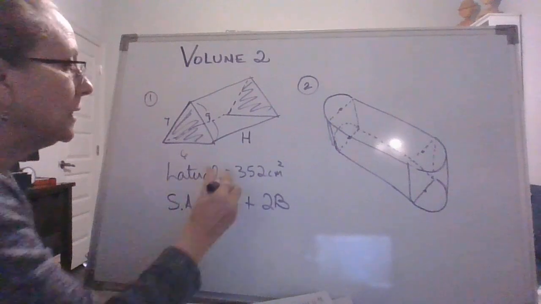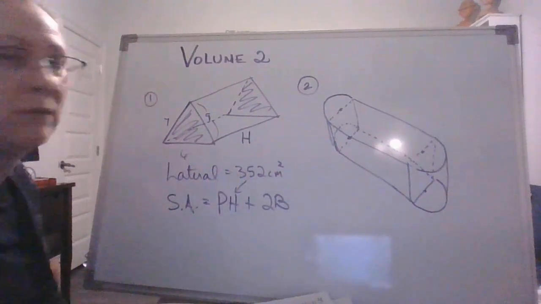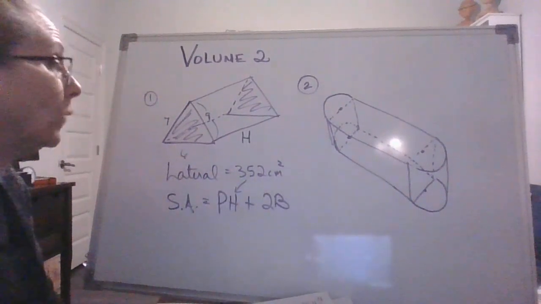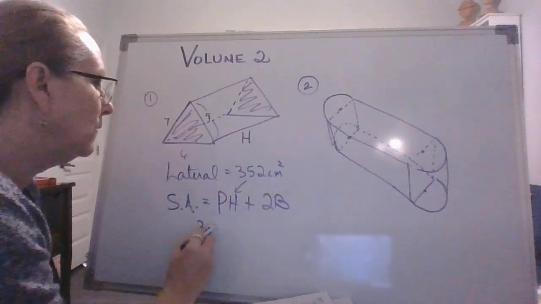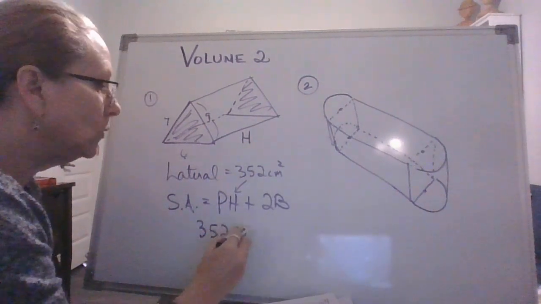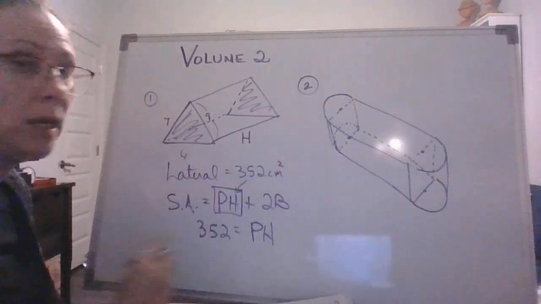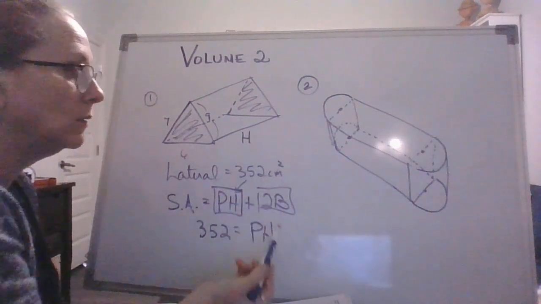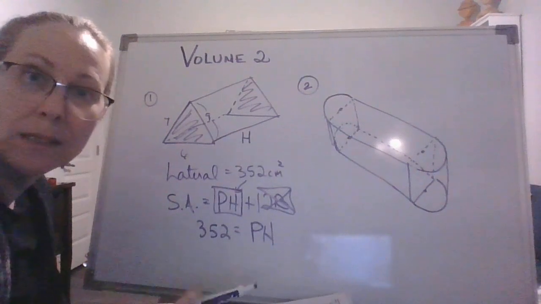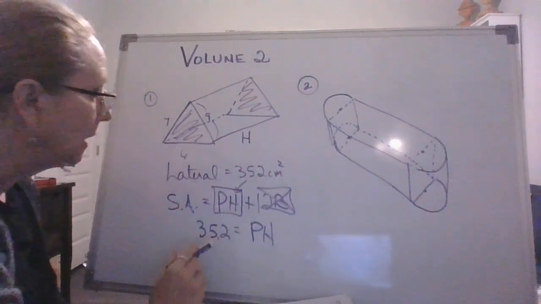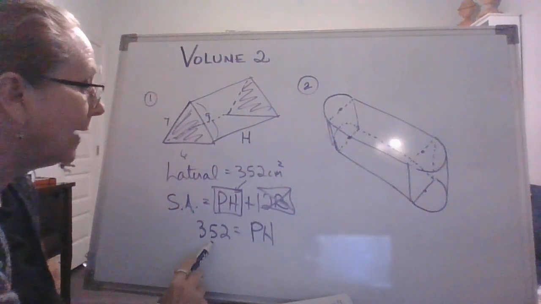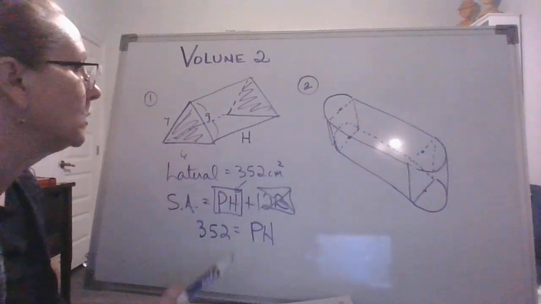Now, they're telling us the lateral perimeter times height right here is already 352. 352 is equal to perimeter times height because this is the lateral surface area and these are the bases. We don't really need the bases, so they're gone. So the lateral surface area equals perimeter times height.